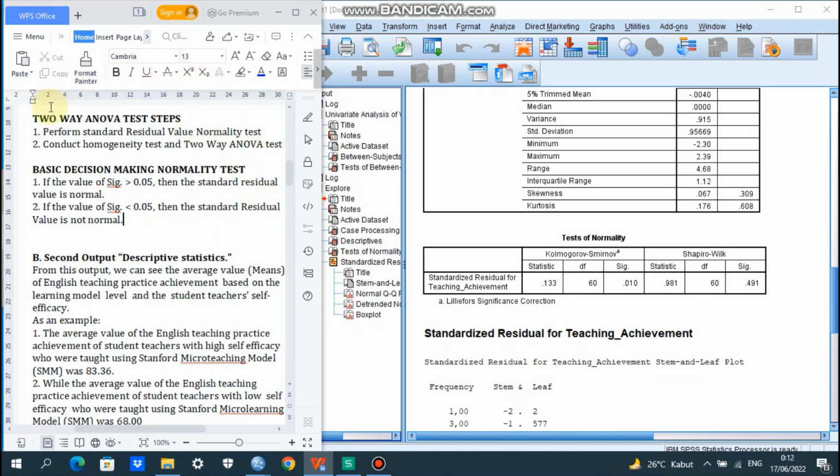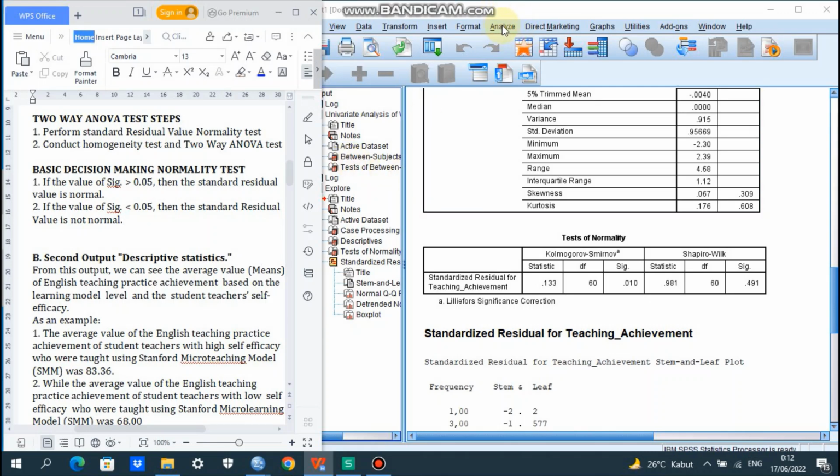Because of that, we can go to the next steps for the two-way ANOVA test after performing the standard residual value normality test with a normal result. We can go to the next step, that is to conduct the homogeneity test and two-way ANOVA test.